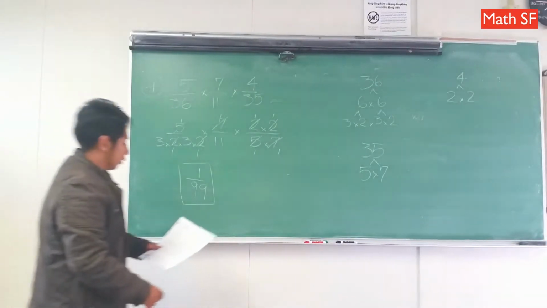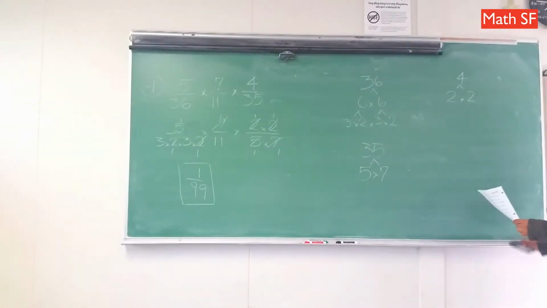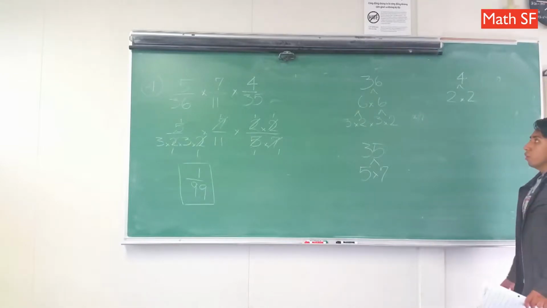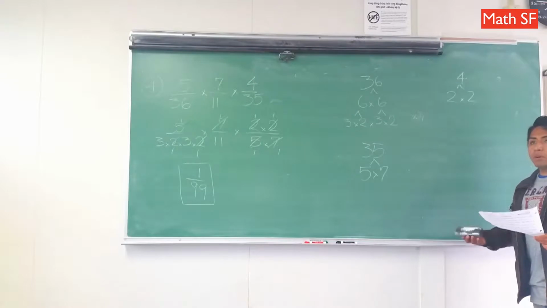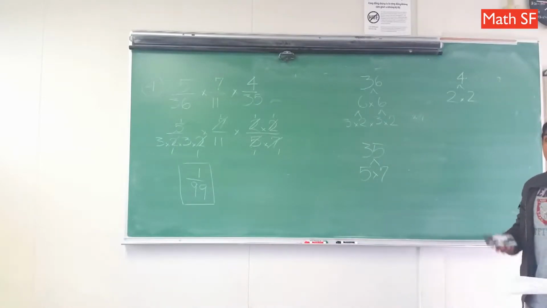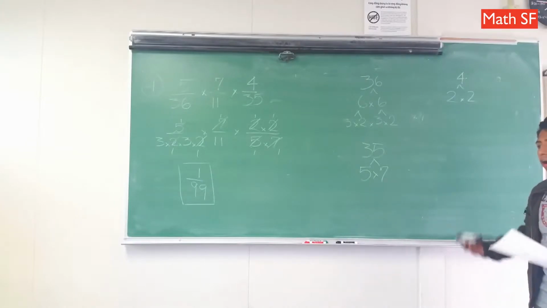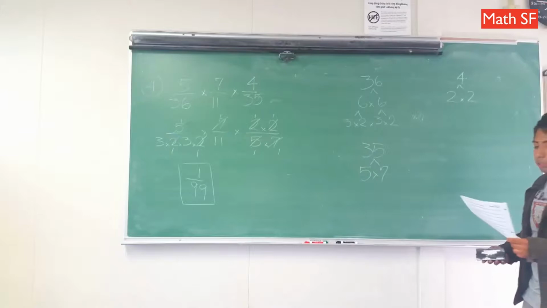Problem number 5 says that we have to find the product of 3/18 and 4 4/5. But what is the product? Whenever they tell you find the product, they're asking you to find the multiplication. So you have to multiply those two numbers, because recall, the product is the result of a multiplication statement.